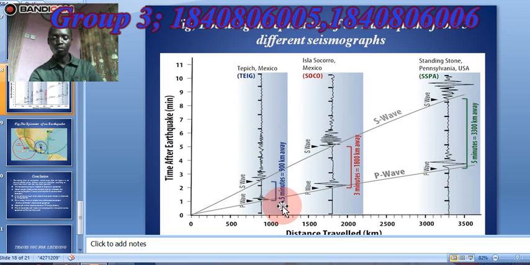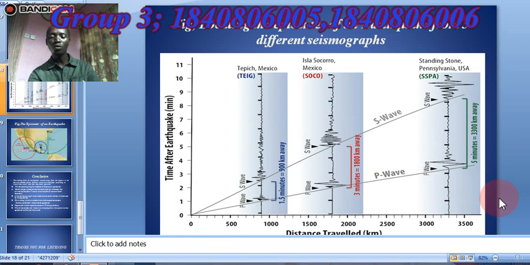This is 1.5 minutes, 900 kilometers away from where the rupture occurs. This is 1,800 kilometers from where the rupture occurs. So the rupture actually occurs here. This is the farthest distance from where the rupture occurs, and it is the third seismograph.